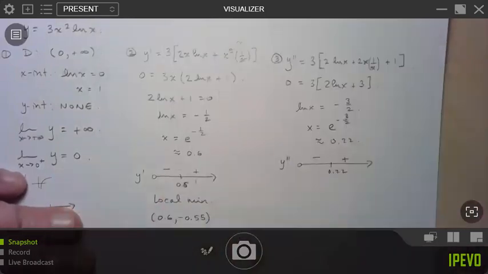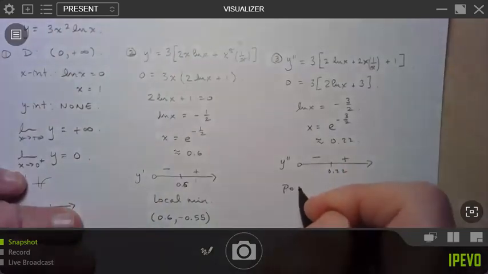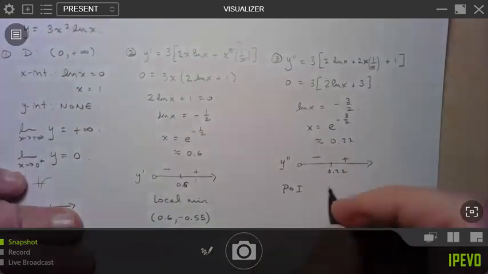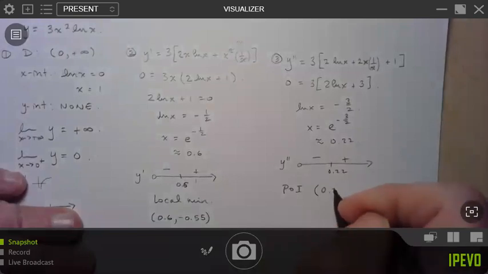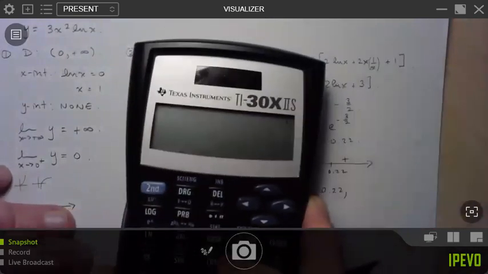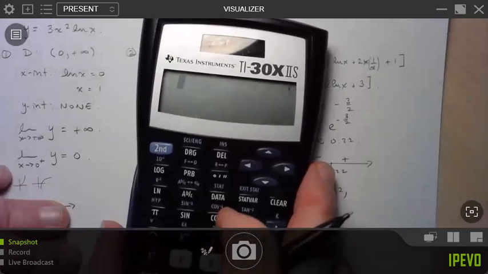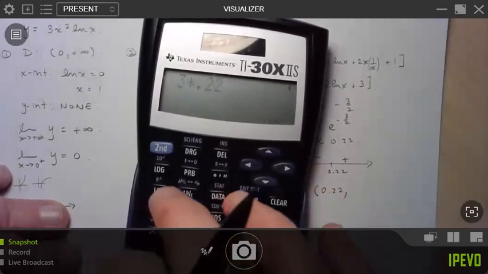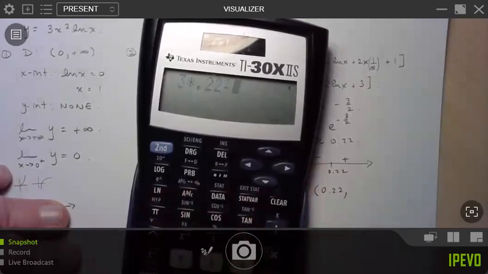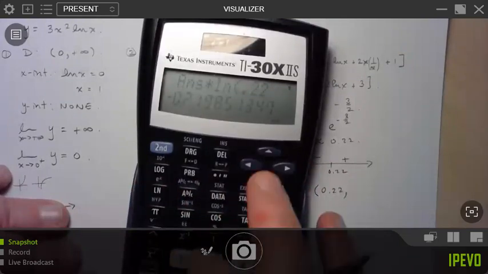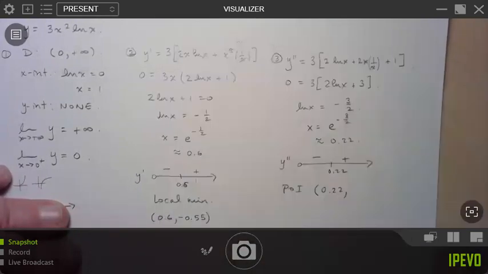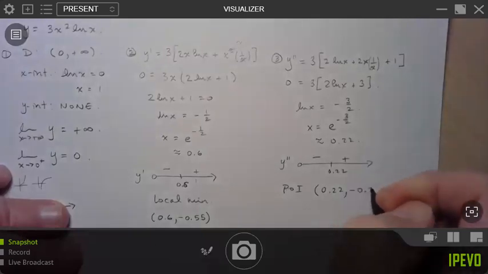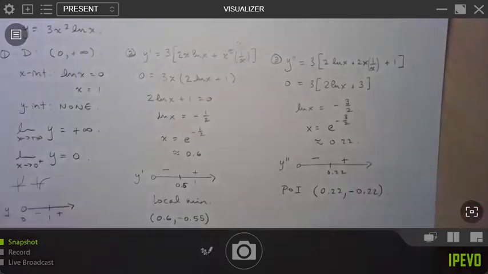So we do have a point of inflection at 0.22. Let's put that into our function now to get the y value. So 3 times 0.22 squared times ln of 0.22, and it looks like it's about -0.22.